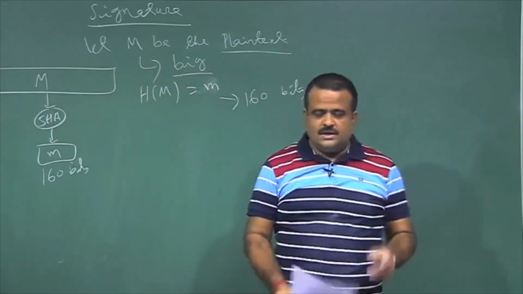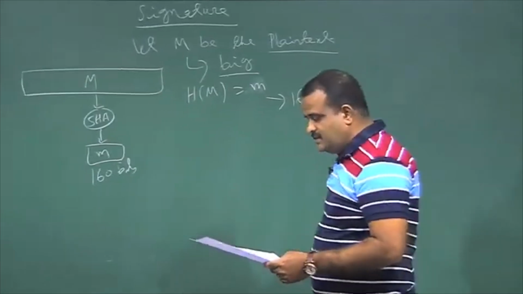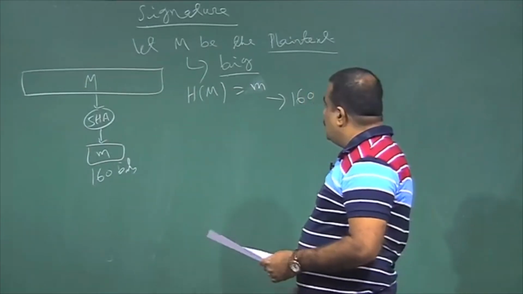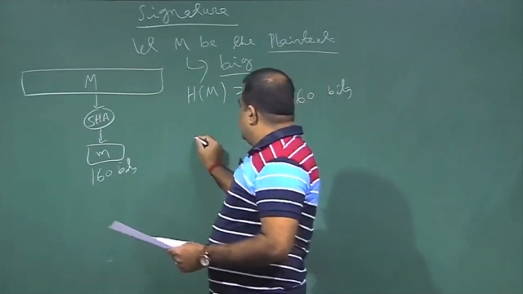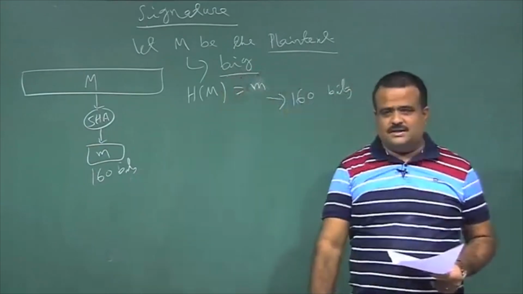Okay. So, the signer has to apply H on this and get this. Then the signer will compute R and S, that is the signature part. This is basically the Elgamal signature.